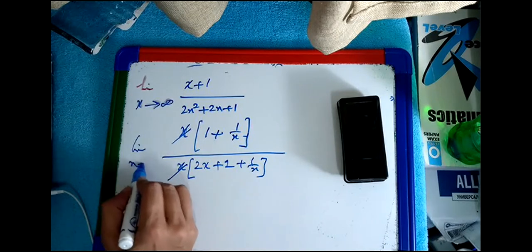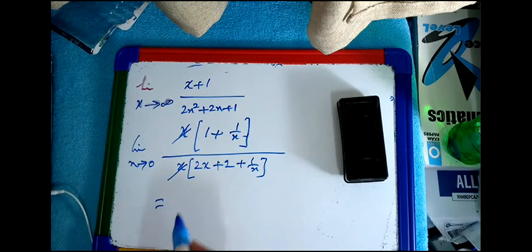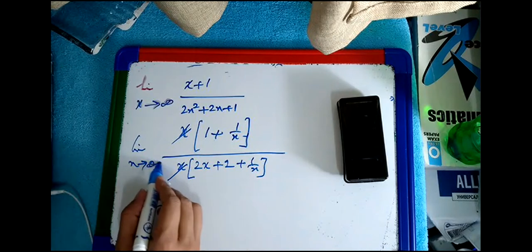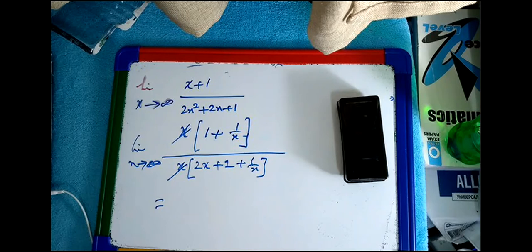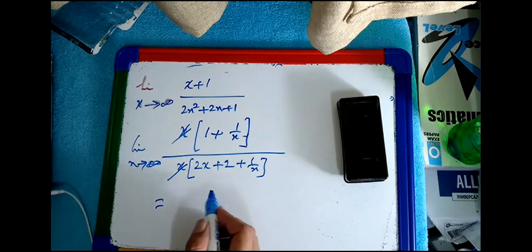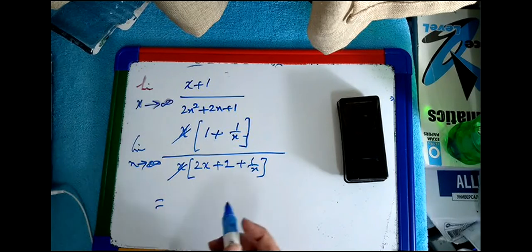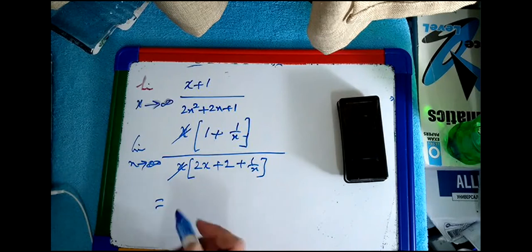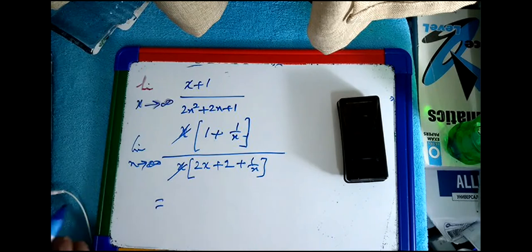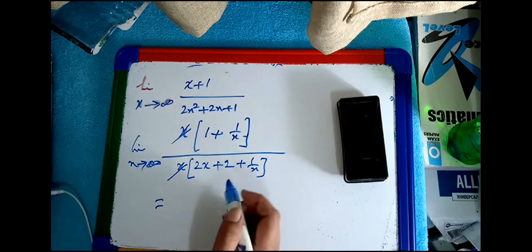Yeah. Now, if we apply the limit, what will come? Tell me. Is the limit 0 or infinity? Yeah, it's infinity, sorry. So 1 plus 1 over infinity, over 2 plus 2 plus 1 over infinity. In the numerator, 1 over infinity is 0, so it becomes 1.